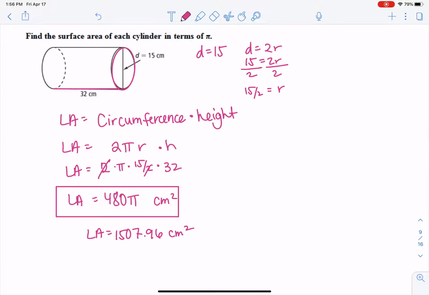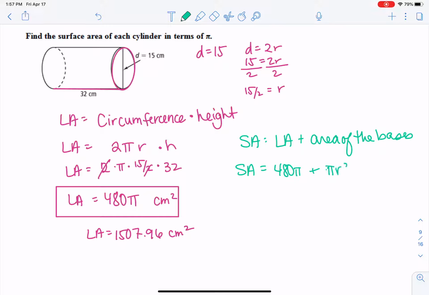But if you want the surface area, then you're going to take that lateral area plus the area of the bases. So that is 480 pi, and then our bases are pi r squared, and we had 2 of them.